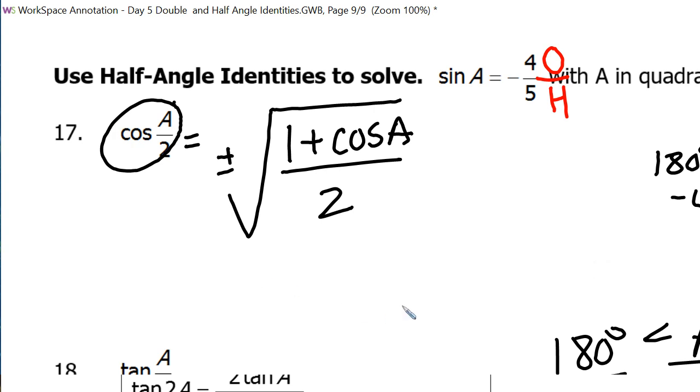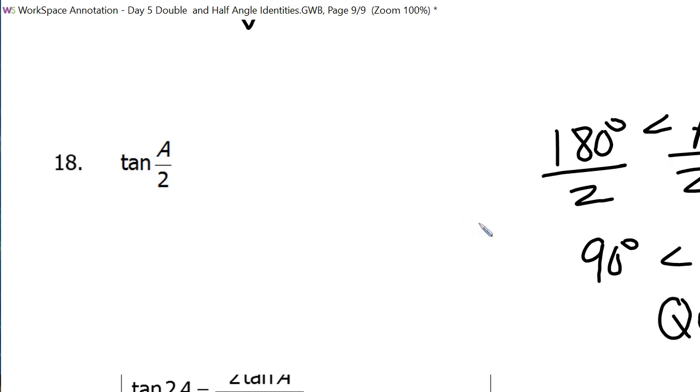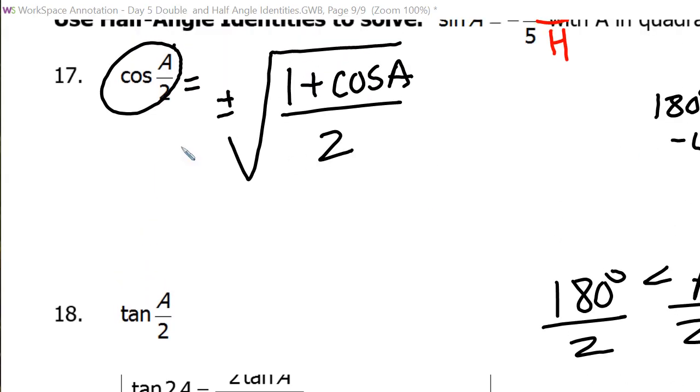So half of 180 would be 90 degrees, and half of 270 is 135 degrees. So angle A over 2 is between 90 and 135 degrees. In what quadrant? Quadrant 2. So for this first one, for cosine in quadrant 2, should I take positive or negative? Negative.